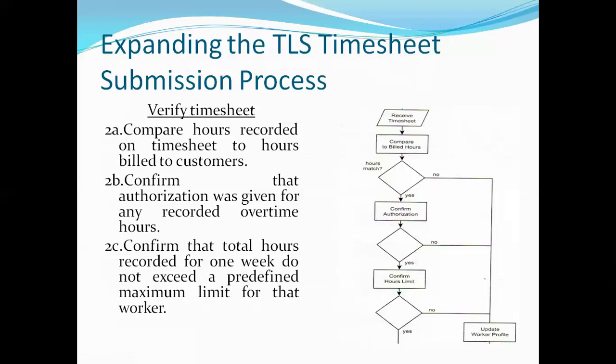So the recorded hours must match the billed hours. Then, in case of overtime, the authorization is provided by the customer to that particular employee. The third condition is that the total hours recorded for 1 week do not exceed a predefined maximum limit for that worker.